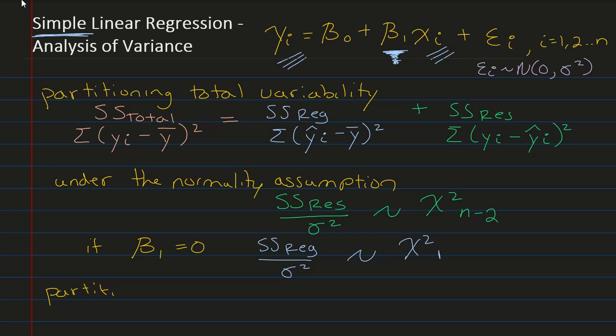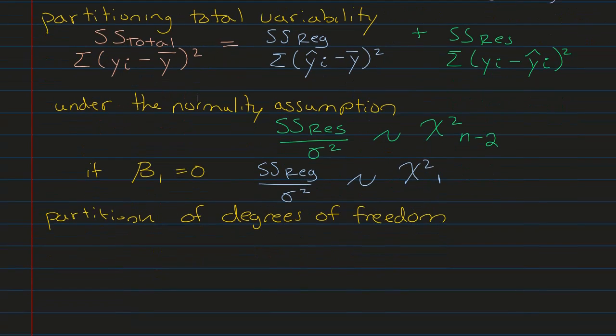So let's talk about the partitioning of degrees of freedom. Starting with the total degrees of freedom, we have n minus 1, which is the number of data points minus the 1 degree of freedom that's used to estimate our sample mean y bar.